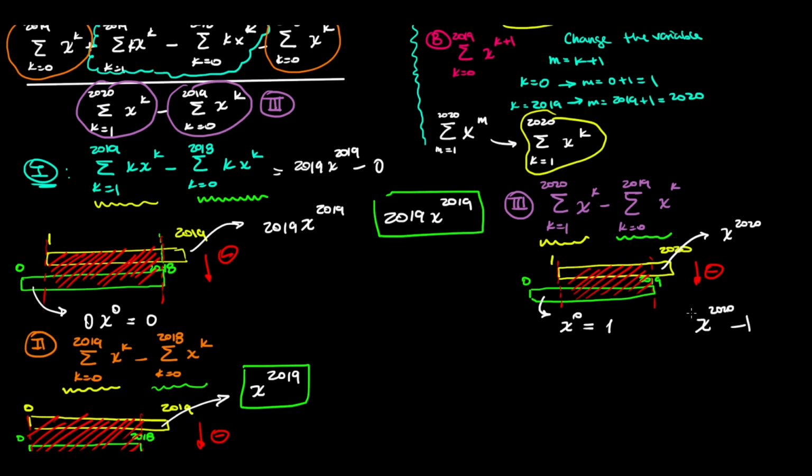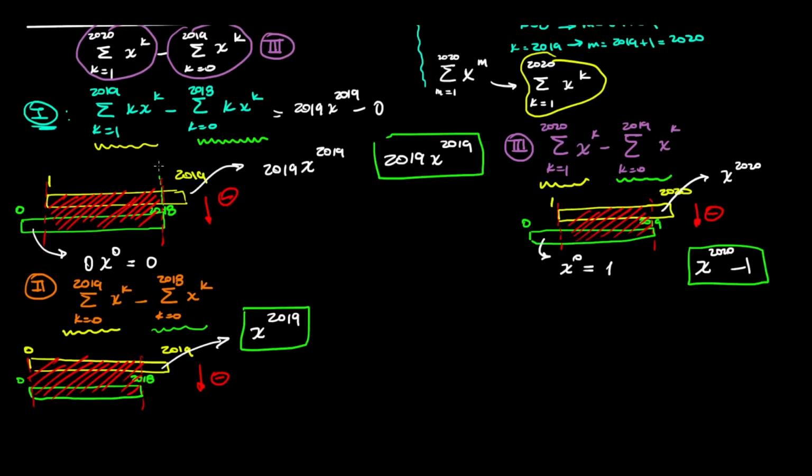Okay, cool. So now the final fraction we're getting is 2019 x to the 2019 plus x to the 2019 over x to the 2020 minus 1.